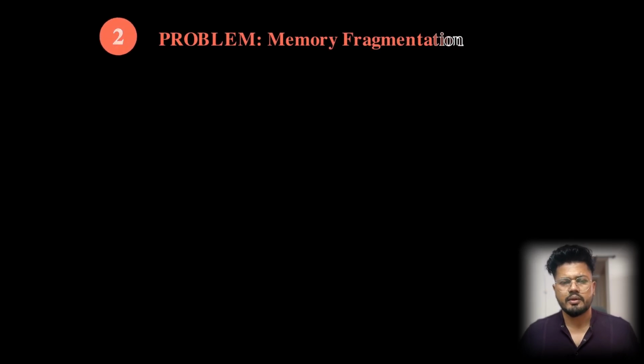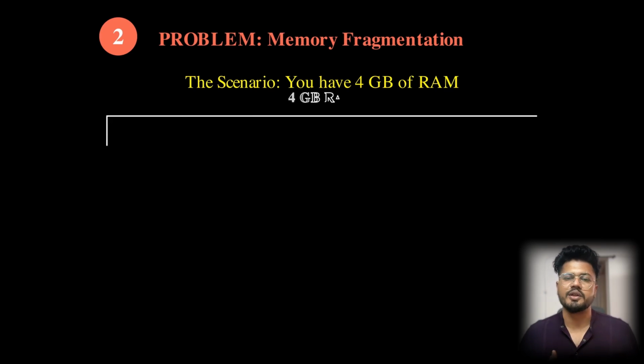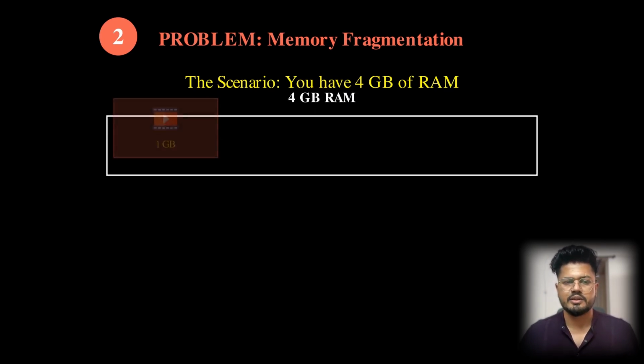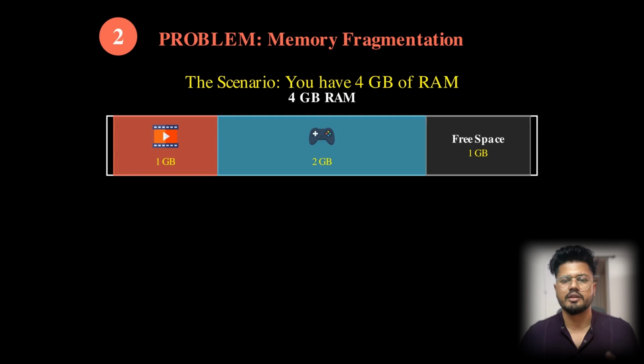So that will be our first problem, having less memory. Second problem: consider now you have done a lot of hard work and bought 4 GB of memory, and you are trying to run a program which requires 1 GB of memory. Consider a video player that requires 1 GB, and it acquires memory at the start of your memory.